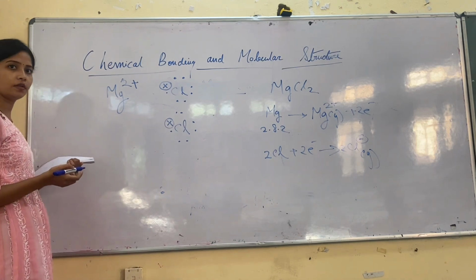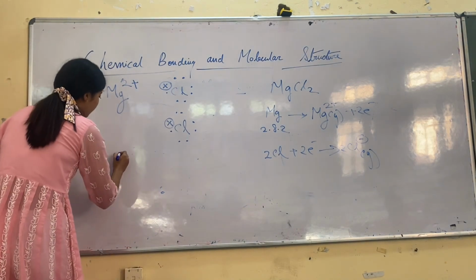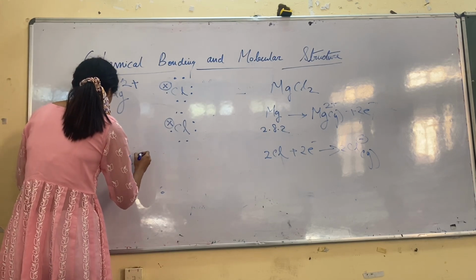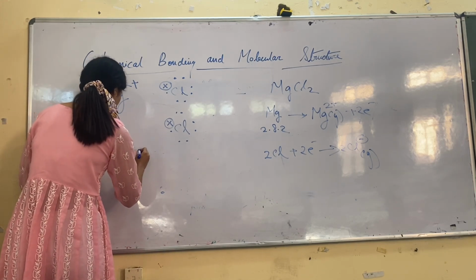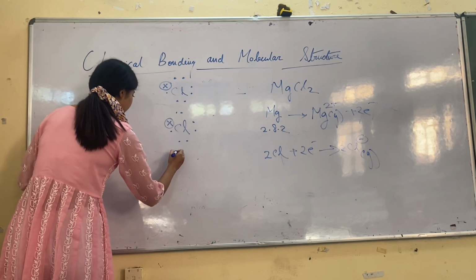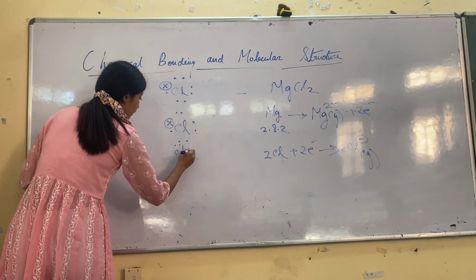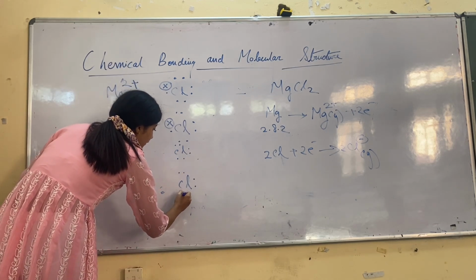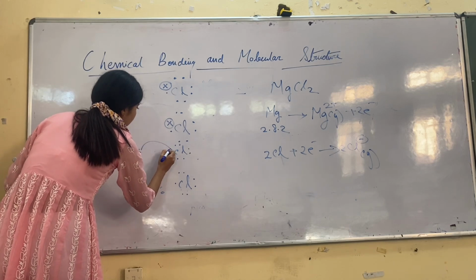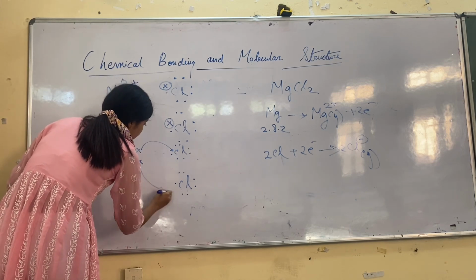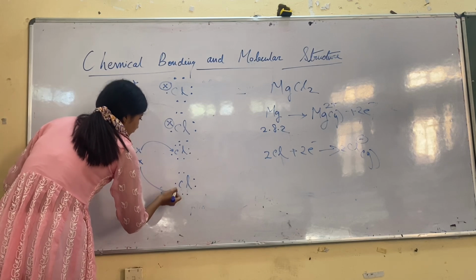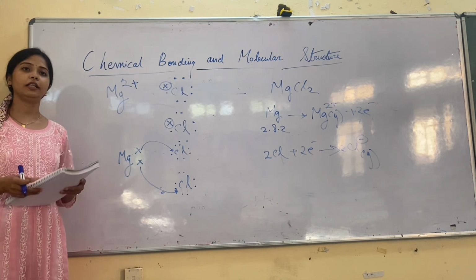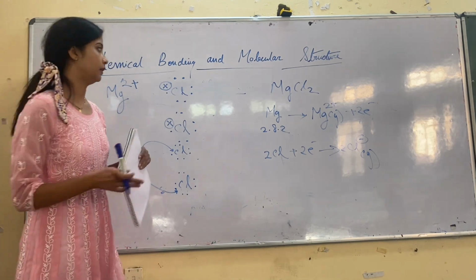This is the Lewis-Dot structure of MgCl2. It can also be given as Mg, Cl 1, 2, 3, 4, 5, 6, Cl 1, 2, 3, 4, 5, 6, 7, this to here making it 8 and this to here making it 8, achieving the octet. With this we come to the end of Lewis-Dot structure, and next we are going to start with electrovalency.